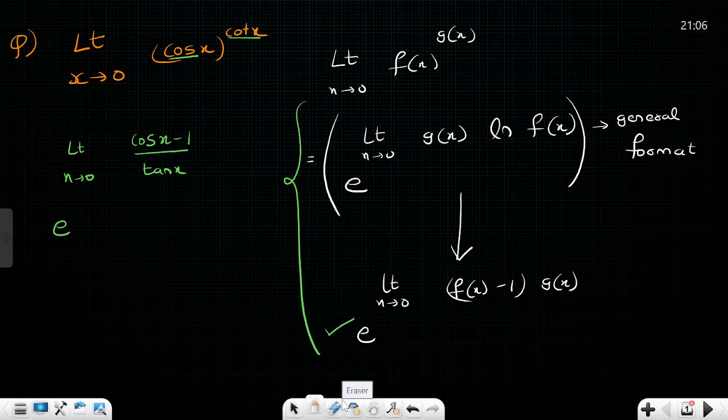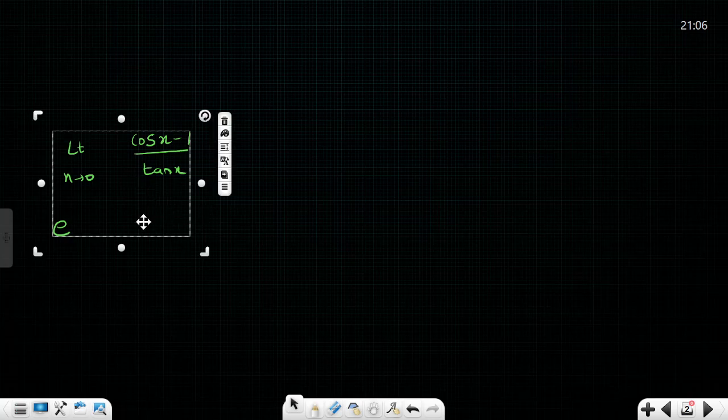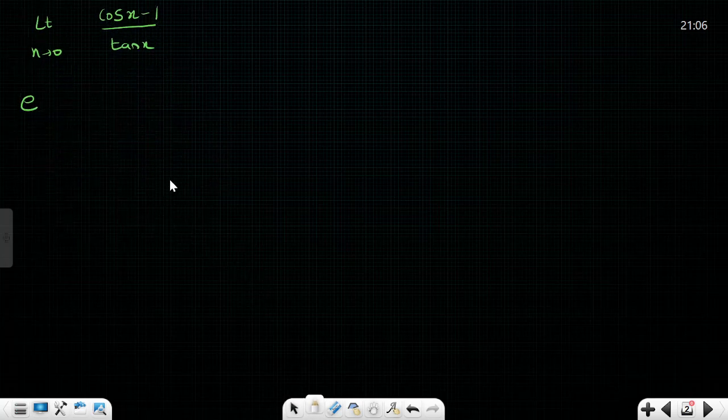Now so we have the expression, think like this: e power limit x tends to 0, cos x minus 1 by tan x, correct? Yes, sir. First of all you should know that 1 minus cos 2 theta can be written as 2 sin square theta.